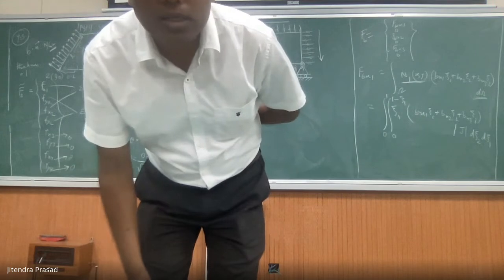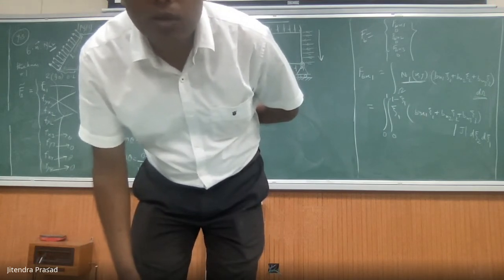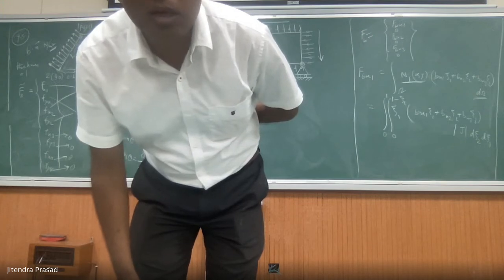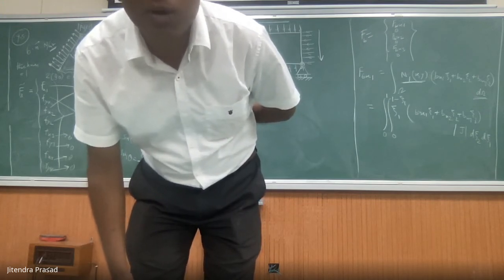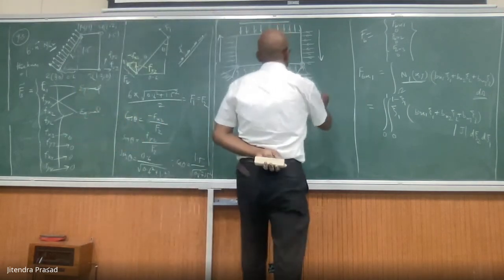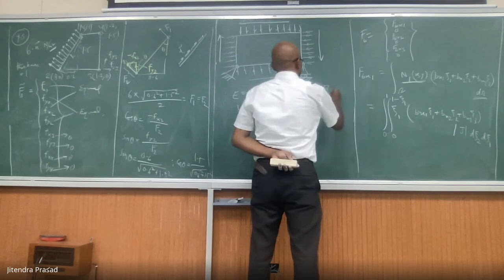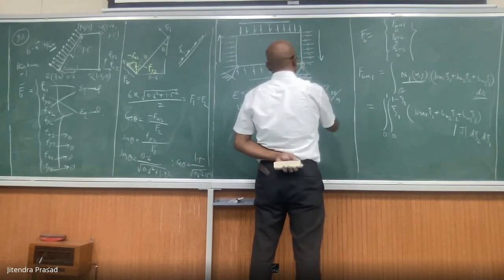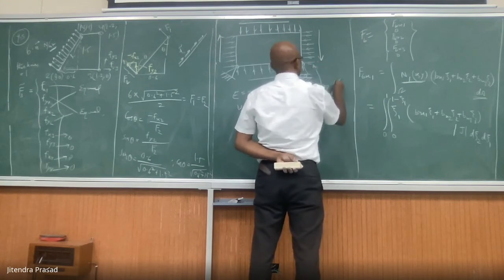The natural boundary conditions are as follows. Along each edge of the panel, the prescribed traction consists of normal and tangential components, both equal to 10 to the power 3 Newton per meter. Both of them, meaning these also and these also.